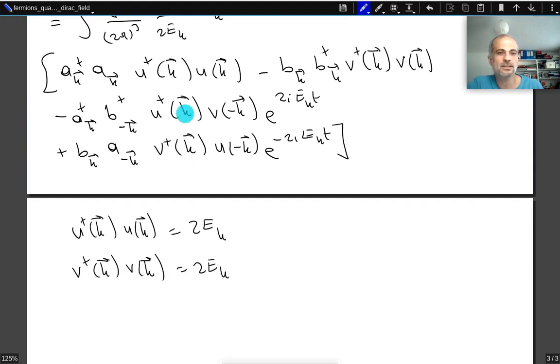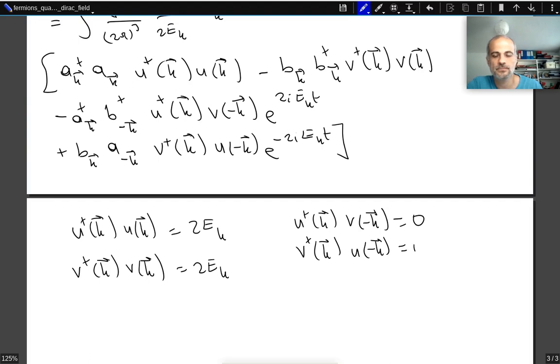Now we didn't calculate these, but you can go ahead and calculate them, and you will see that u dagger of k and v of minus k is equal to 0. V dagger of k, u of minus k, this is also 0. So this I leave to you as a homework. So these terms are 0, these last two terms.